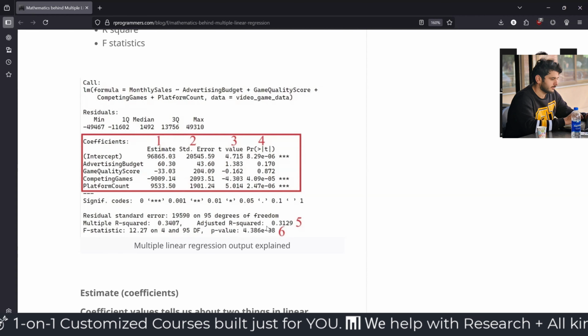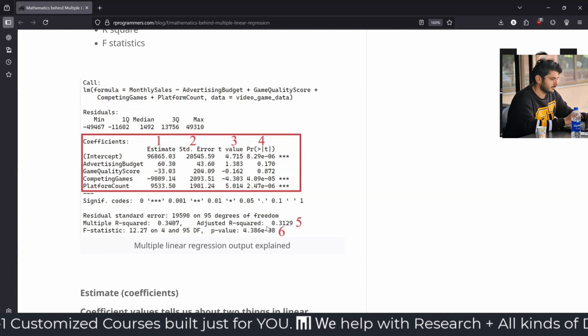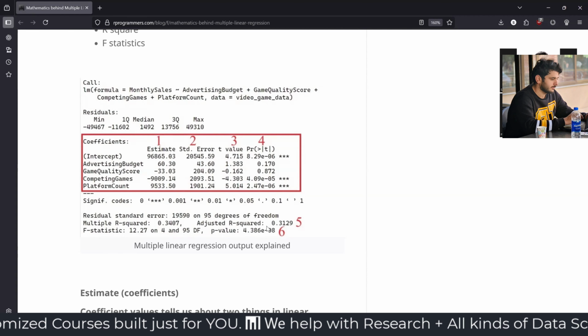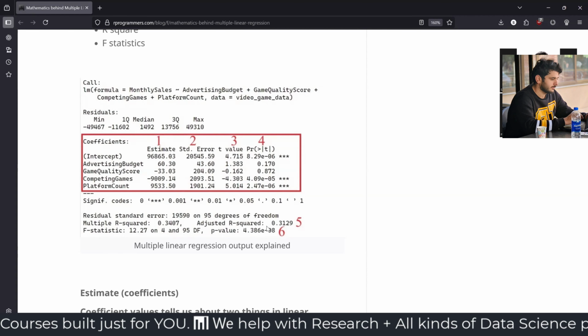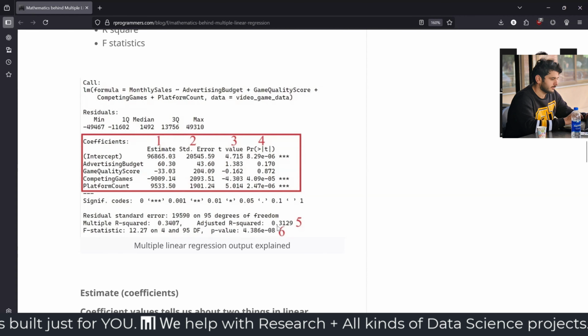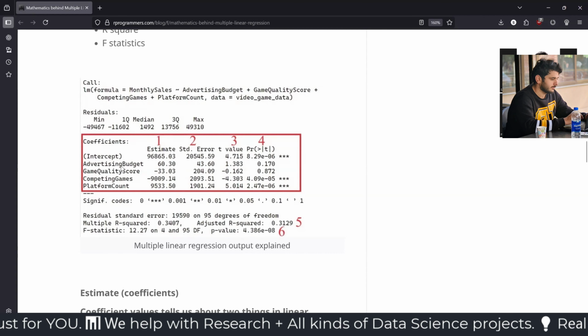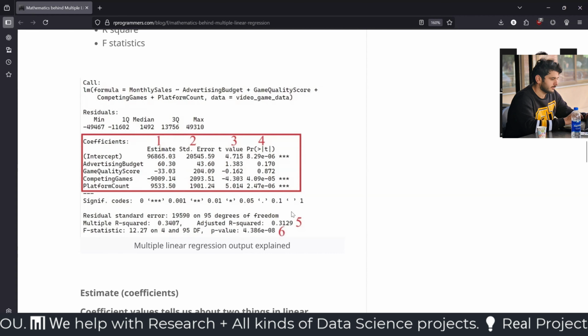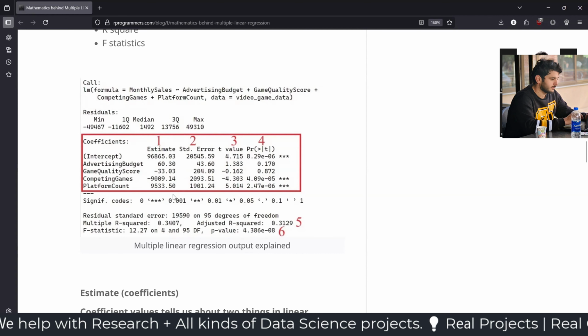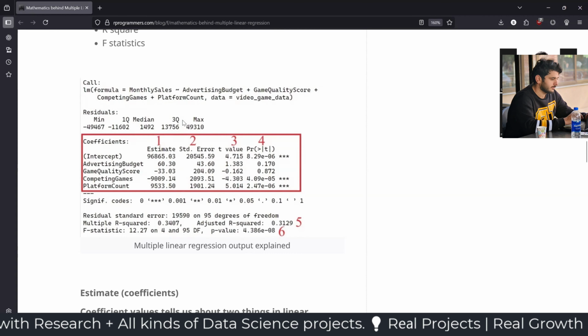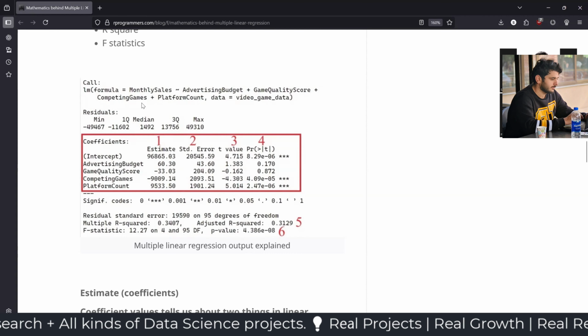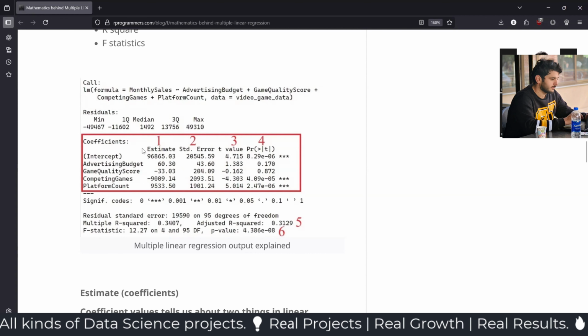If we are getting good results, we will get something like 0.8, 0.9, or something like that. In that particular case, we are getting 0.31. It means these independent variables are explaining 31% variation in monthly sales. So there is 69% of the monthly sales we cannot explain with all these.